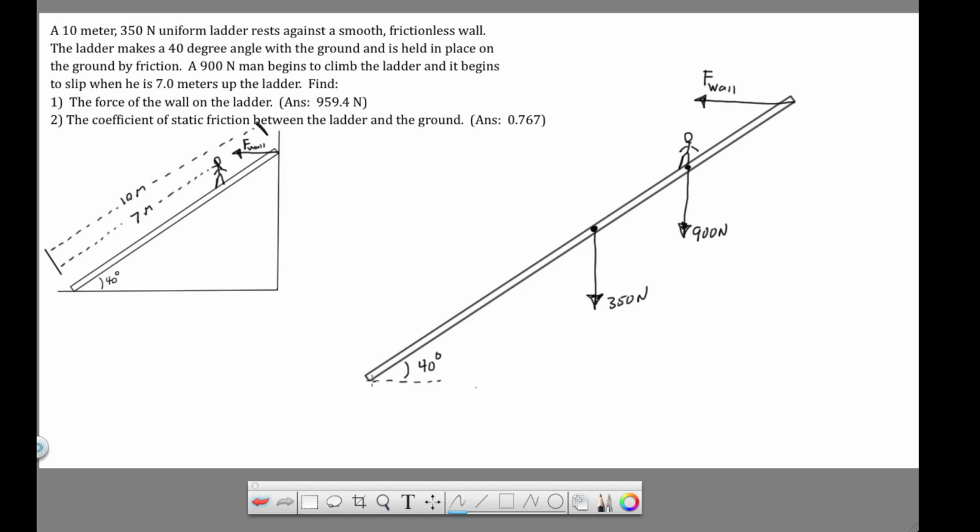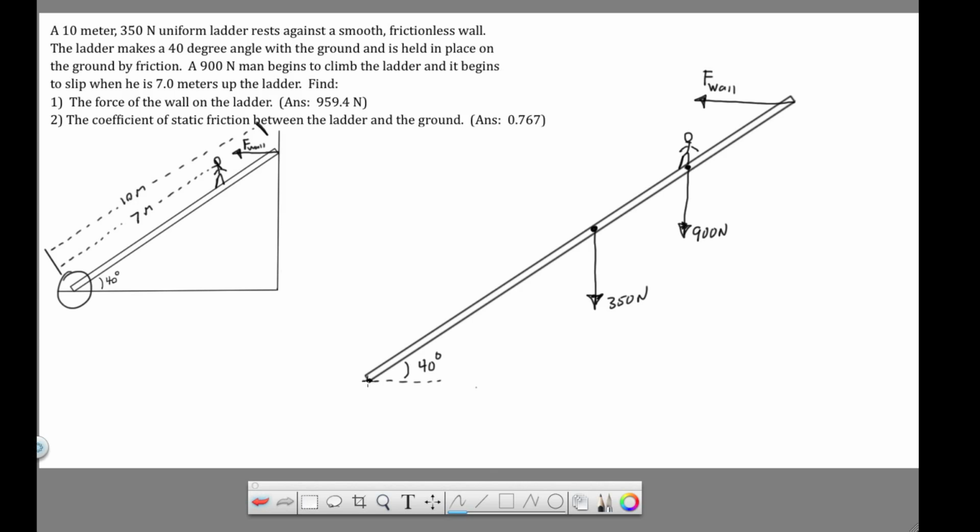Okay, and then the point here where the ladder is resting on the ground, there's two forces here. There's a frictional force which is preventing the ladder from slipping. So if we look here on this diagram over here, if this were a frictionless surface, then there's no way the ladder could stay at rest. The ladder would slip to the left.